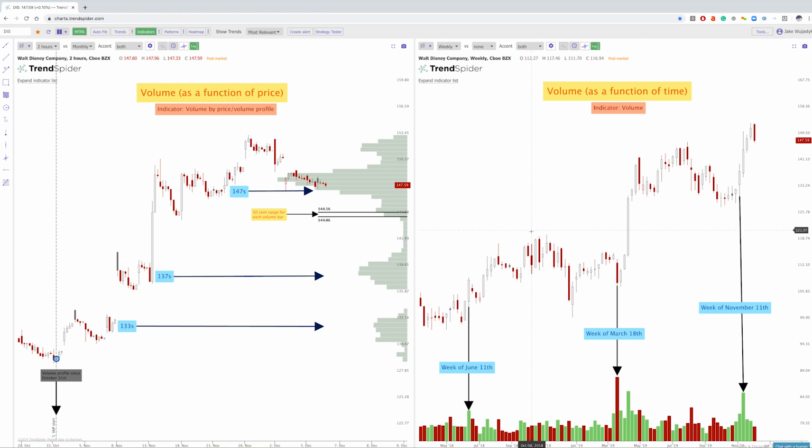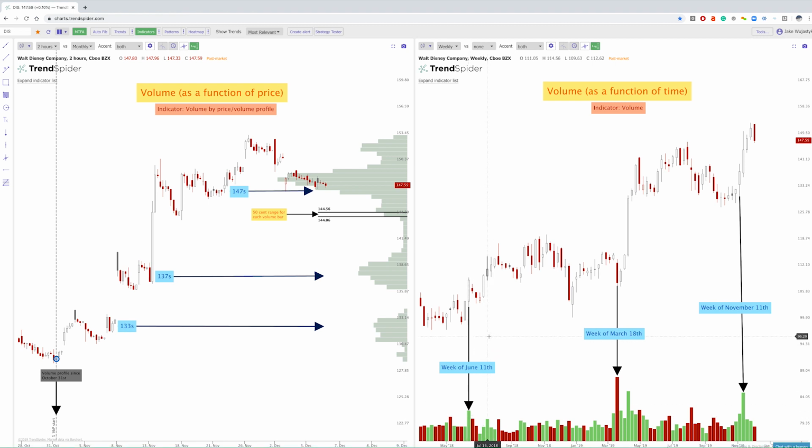Now on the right-hand side, you can see volume as a function of time, which means the volume is shown on the bottom here because the x-axis is the amount of time that we're looking at. So rather than the volume bar being the increment of price, this volume bar is an increment of time.